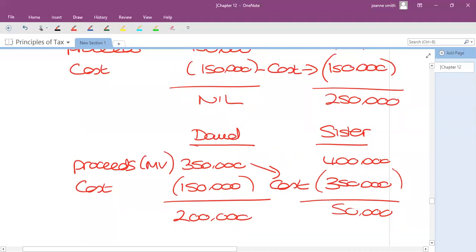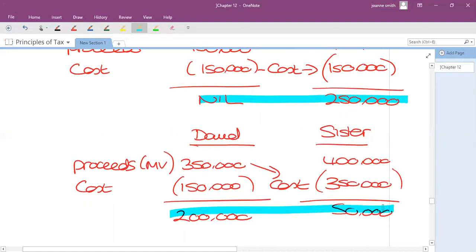Whereas with the other connected party, apart from husband and wife, most of the tax is on David, who chose to give it away free when it was worth a lot. And then there's a little bit on the sister. But what I want you to appreciate is that overall, the tax for both of them is going to be the same, in terms of the chargeable gain, I suppose, not the tax. So the amount that's taxed in the first scenario is 250, but it's all on the wife. Second scenario, we can see how it's split. So it's still taxing 250,000.